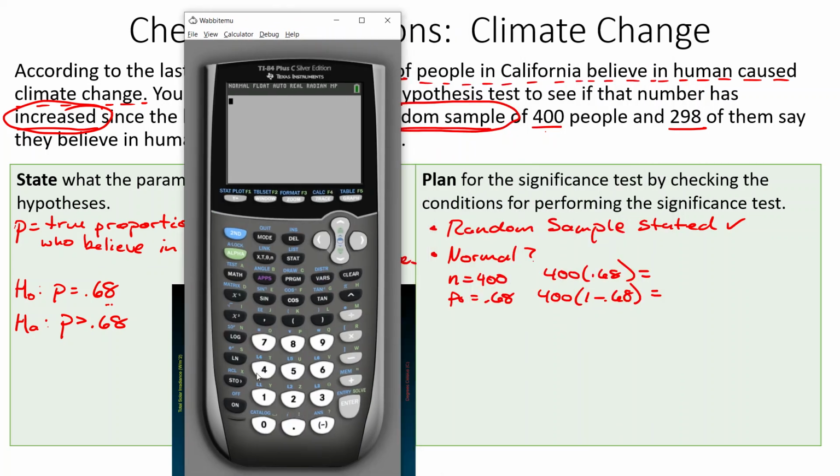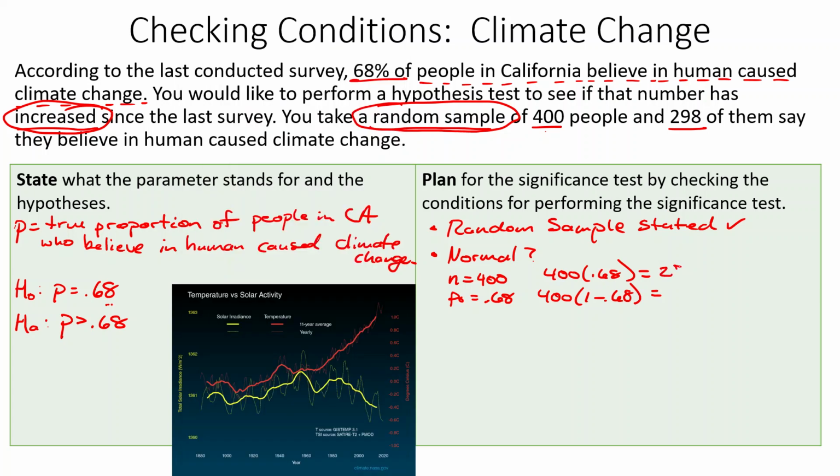So 400 times 0.68 is 272. These two numbers always have to add up to the N, but let's go ahead and calculate the other one. If you're going to do this on your phone, do the 1 minus 0.68 first, and then take that answer times 400. So we get 272 and 128. Both of those are easily bigger than 10. So the normal condition works.